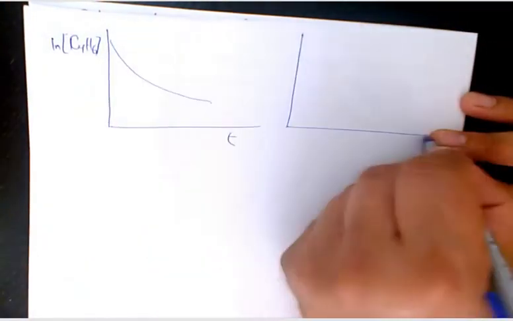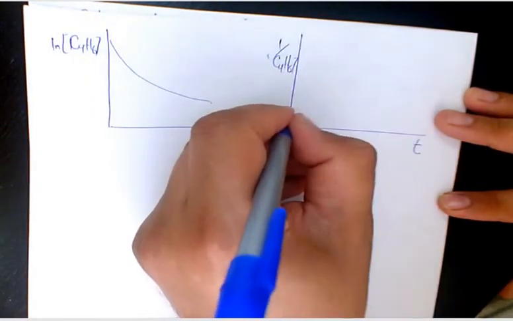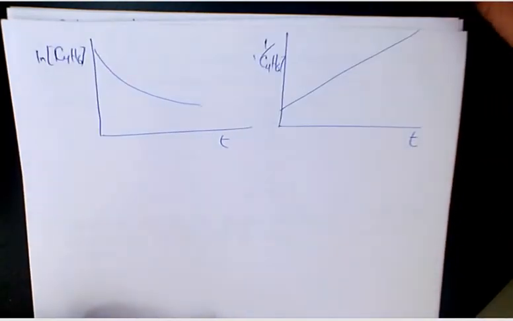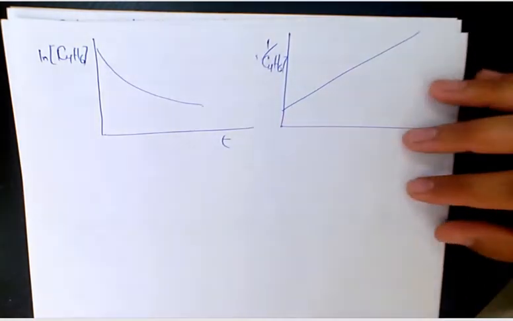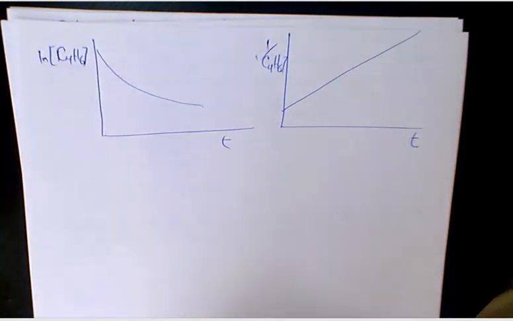If you do 1 over C4H6, you're gonna end up having a straight line like this. So since the inverse of concentration gives you a linear relationship, it means that you are dealing with a second order reaction. So we are dealing with a second order reaction. That's the answer to part A.